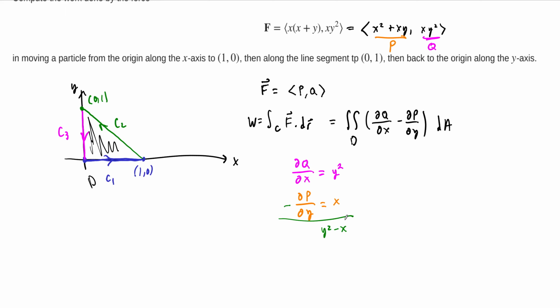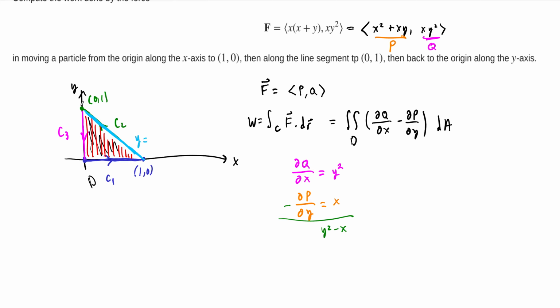Now, one of the advantages to doing this as a double integral is that now we can treat this region as either type 1 or type 2. Based on the integrand, I don't think it's going to matter. So let's just use type 1. That's usually the more standard way to go. It's what we're more familiar with. If we're going to do this, then we need an equation for this bound right here. As a type 1, this has to be an equation y equals something in terms of x.